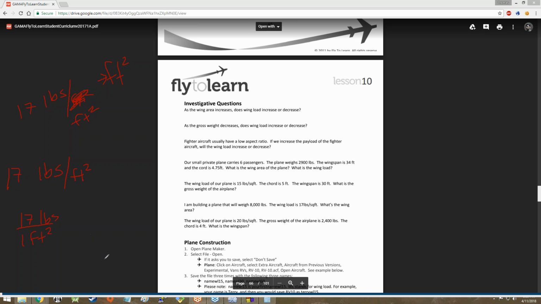Those two are equivalent. What we want to do is get rid of the pounds and be left with square feet, and we've got 8,000 pounds. So we need to figure out how to get this away by using this.